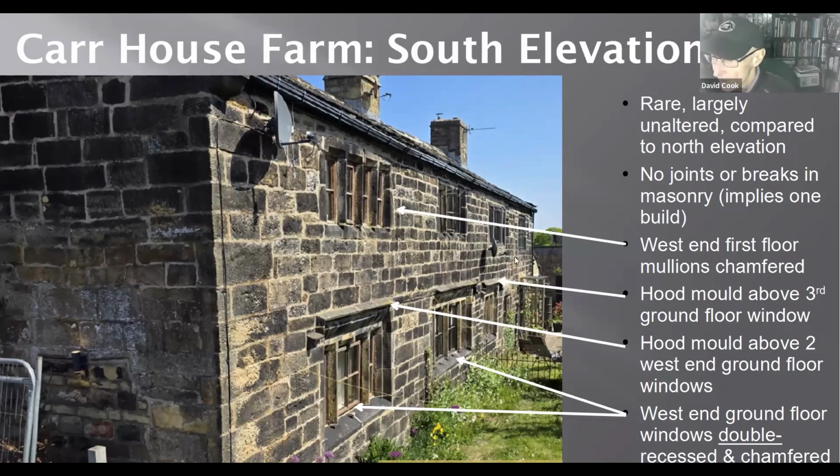There's nothing added to it, and it looks like there's nothing taken away. So we've got the first bullet point there: what I think is a relatively rare, for the area, largely unaltered elevation, compared to the north elevation, which has had bits added to it.